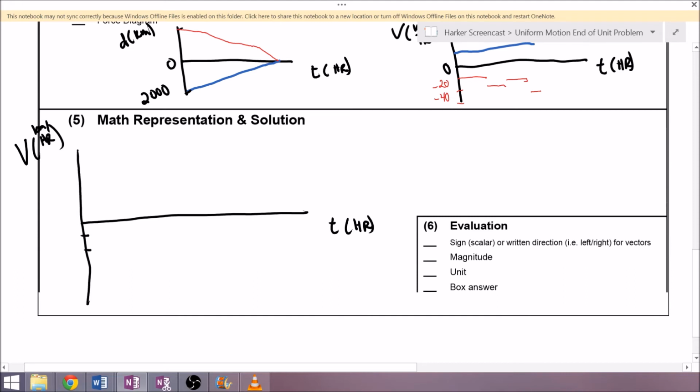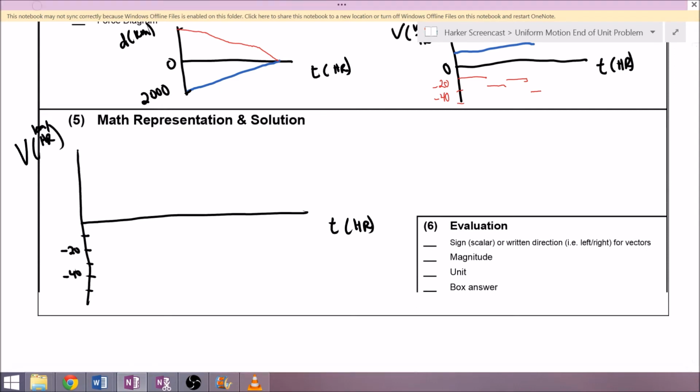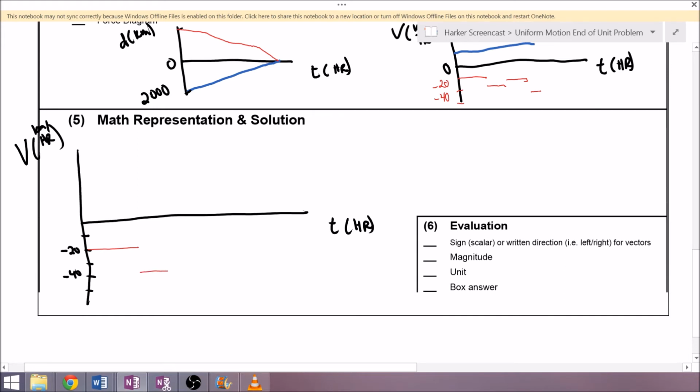So let's see, 10, 20. And like we said before, goes for a long time at 20, about half the time at 40, somewhere in between at 30, and then a relatively short amount of time in the last part.